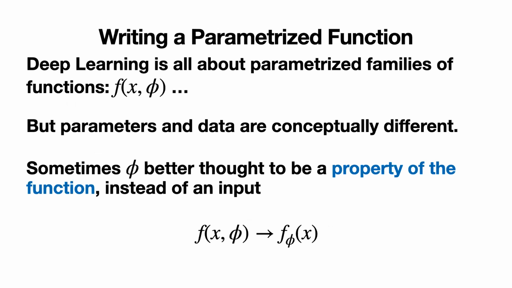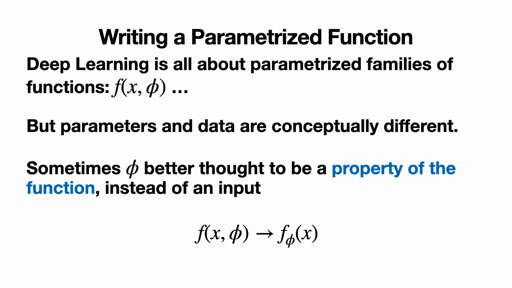The first thing we need to do is figure out how to write a parameterized function. Deep learning is all about having functions of two things, the data and the parameters, right? But there is a deep conceptual difference between the data and the parameters. For example, the parameters are things you want to optimize, and the data is just the data that you have.